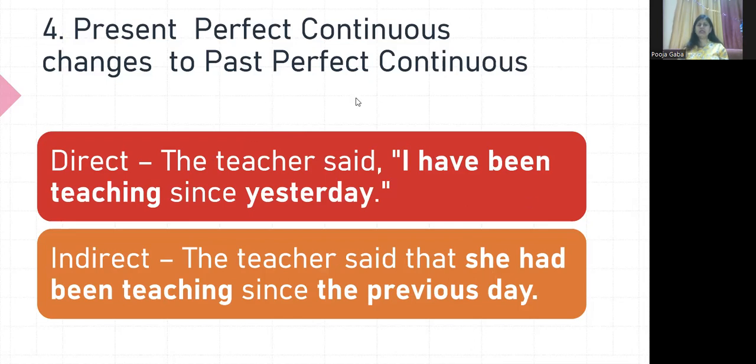If it is a male teacher, it will take he. Have been will change to had been. Past perfect continuous. Have been teaching will convert to had been teaching since yesterday. Now yesterday will change to the previous day. So the indirect sentence will be the teacher said that she had been teaching since the previous day.